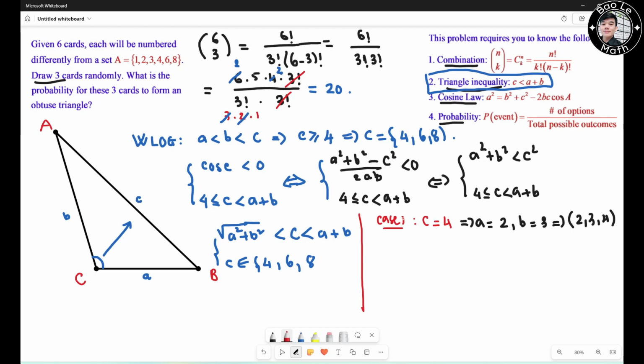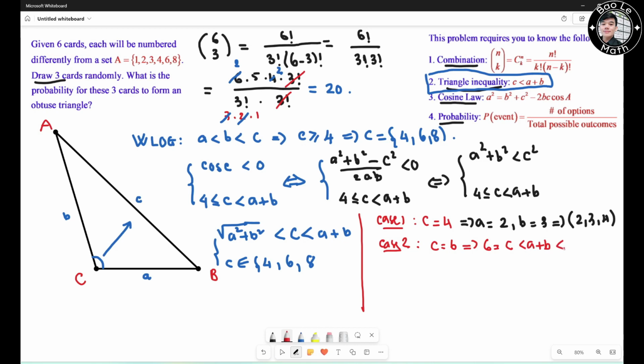Now case number 2. c equals 6. We have 6 equals c less than a plus b. But a is less than b, so I just substitute b for a right here.